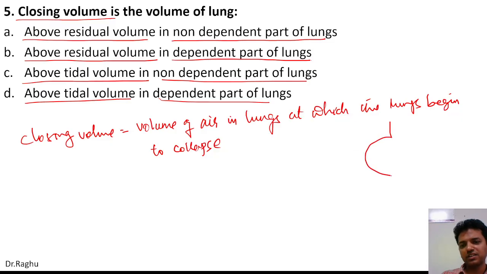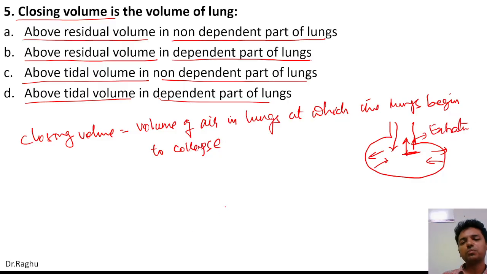So this is how the lungs are. Whenever a person inhales the air, at that point of time the alveoli are going to expand, and whenever a person is exhaling the air, at that point of time the alveoli are going to collapse. So it is during the process of exhalation that there could be collapse of the alveoli.